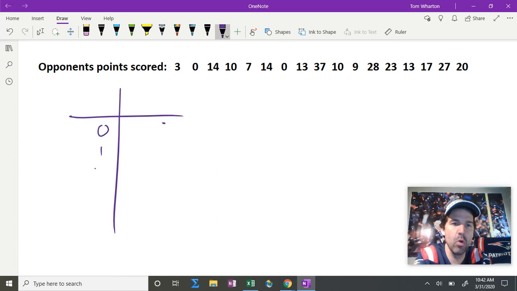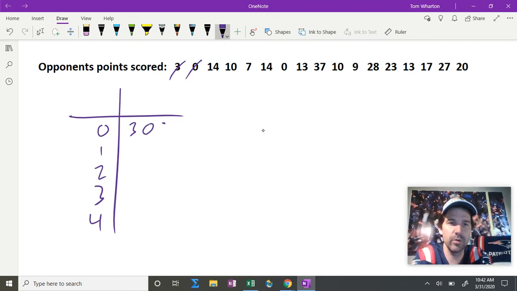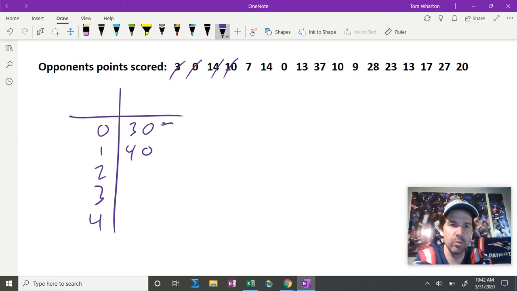So 0, 1, 2, 3, and we can write 4, but it looks like there's no 40s up there. All right, so for the first one, 3. So that's 03. So put 0, 0. 14. That's a 1, 4, 10, 07, 1, 4.